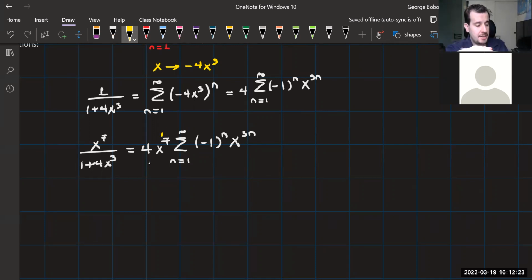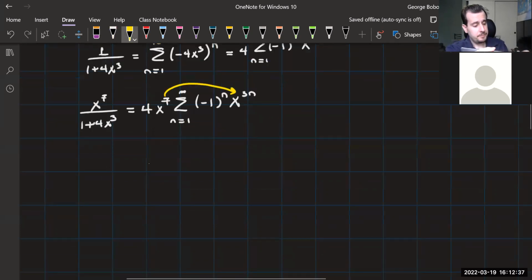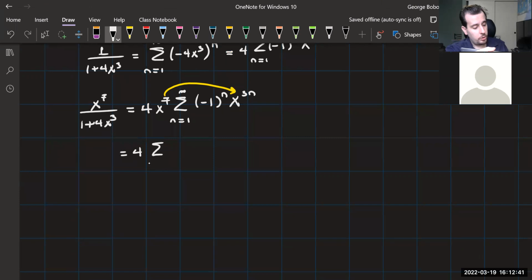For example, can't I go and put this guy in conjunction with this guy right now? Since I'm multiplying the entire series here by this x to the 7, can't I just distribute it into the x terms that it has? I sure can. So when I do that, I'm left with this 4 sitting on the outside, then the negative 1 to the n, and then what happens to the power of x?